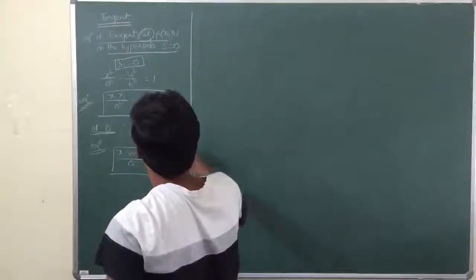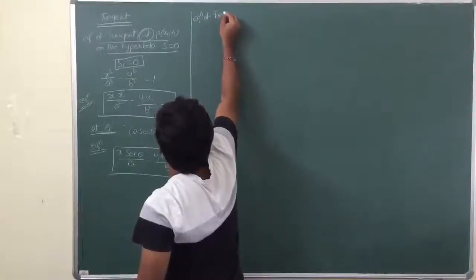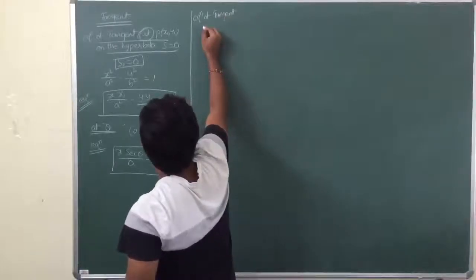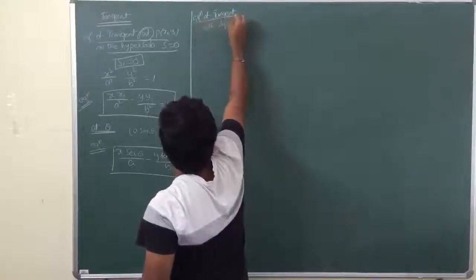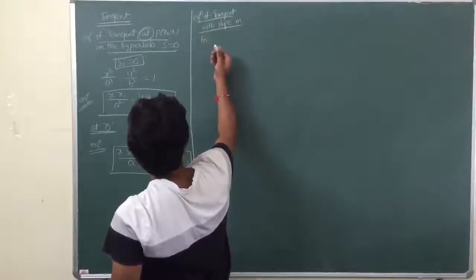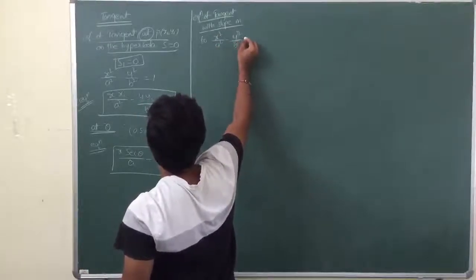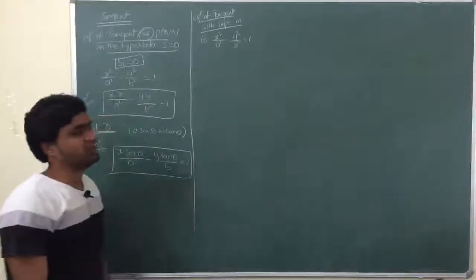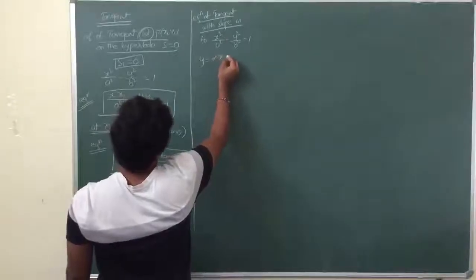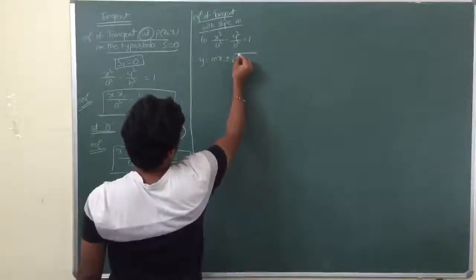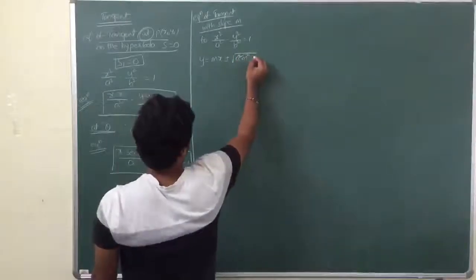Next, equation of tangent with slope m to x square by a square minus y square by b square is equal to 1. It will be y is equal to mx plus or minus under root a square m square minus b square.